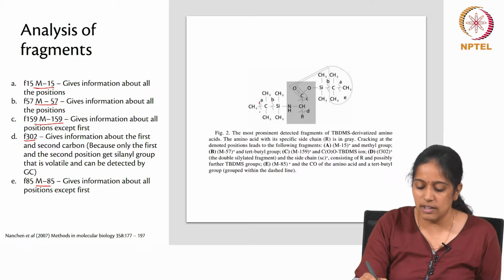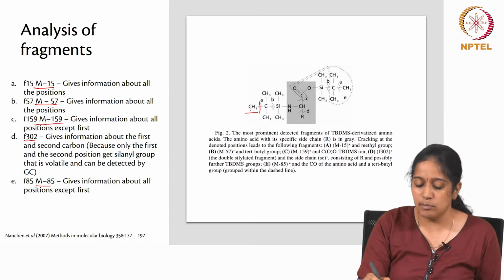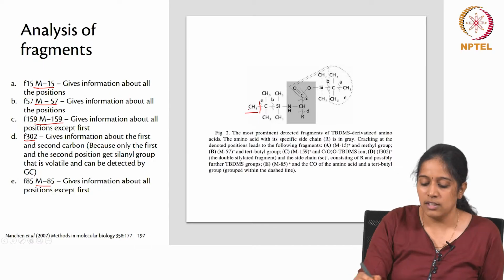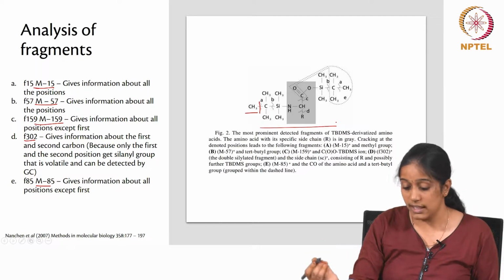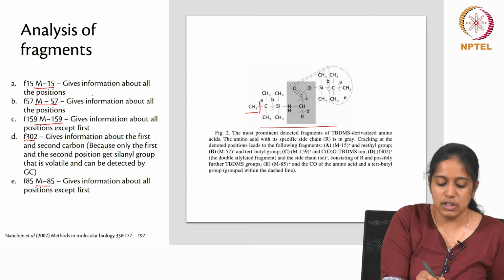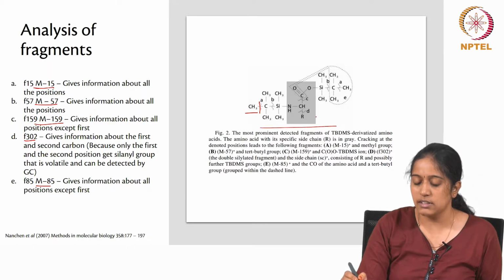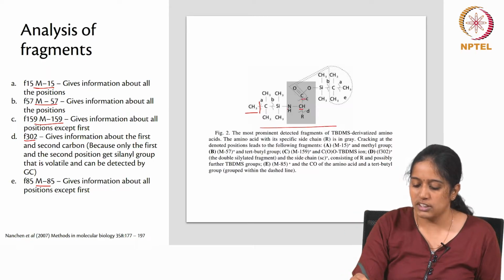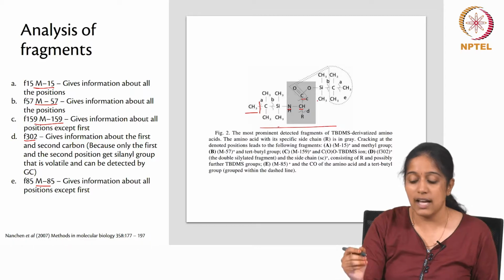Say for example, you have A, and in this A you have the loss of the CH3 moiety, and the molecular weight of CH3 is 15, so this particular fragment gets detected in the detector, and so you have the information about all the positions. The gray panel here represents the central core of the amino acid: CH, COOH, NH and R.